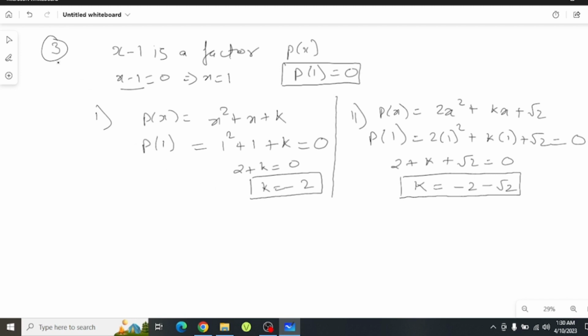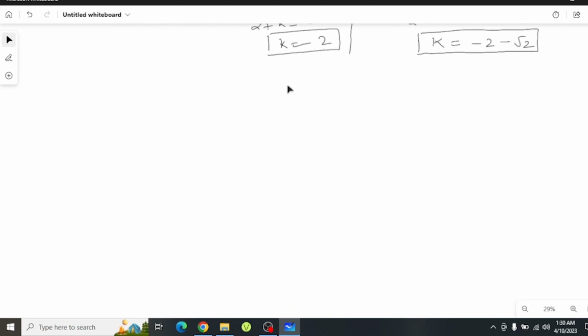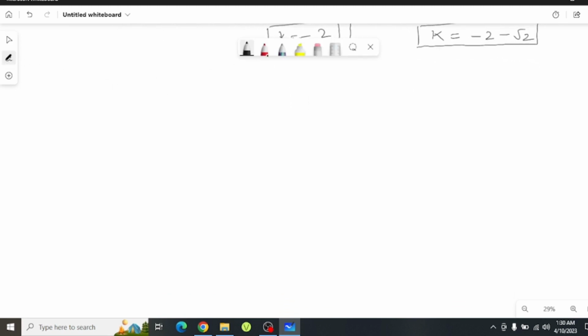Okay, similarly you can attempt the rest of the two parts. Just we can attempt one more, part number 3, where the polynomial is kx square minus root 2x plus 1.